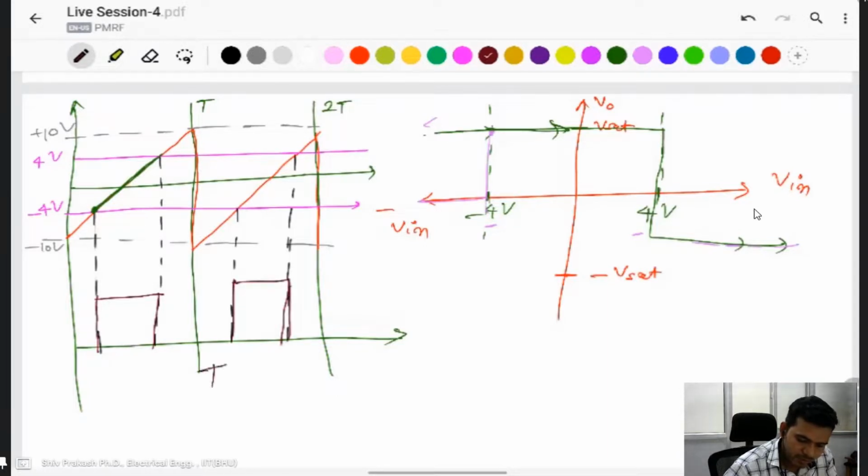This one is T and 2T. Find this time period for the output.